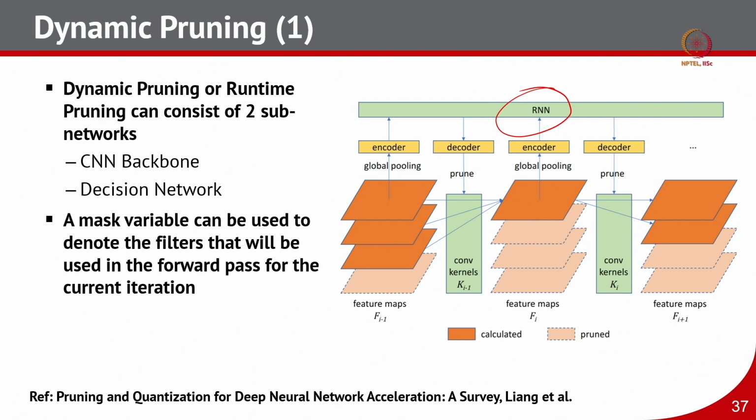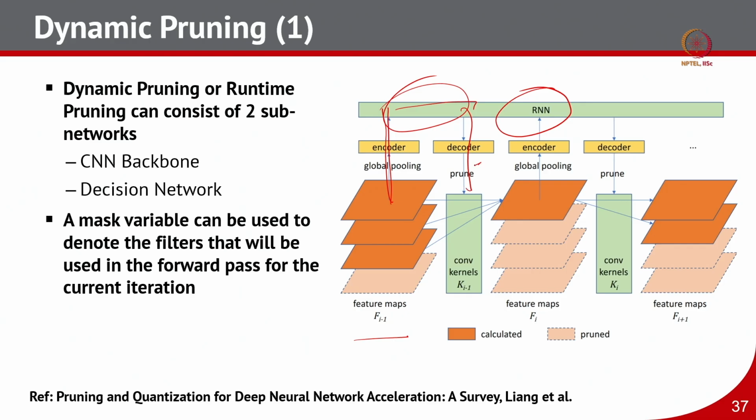So, what it does is, let us say we have these feature maps. These feature maps are used for the next layer of the CNN, but at the same time they are also passed to this RNN encoder, and then the RNN computes something which is passed to the decoder, and it says which layers are to be pruned.